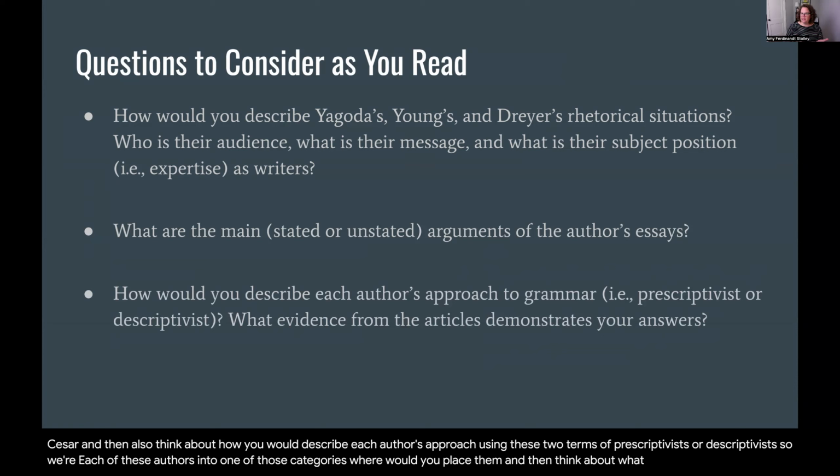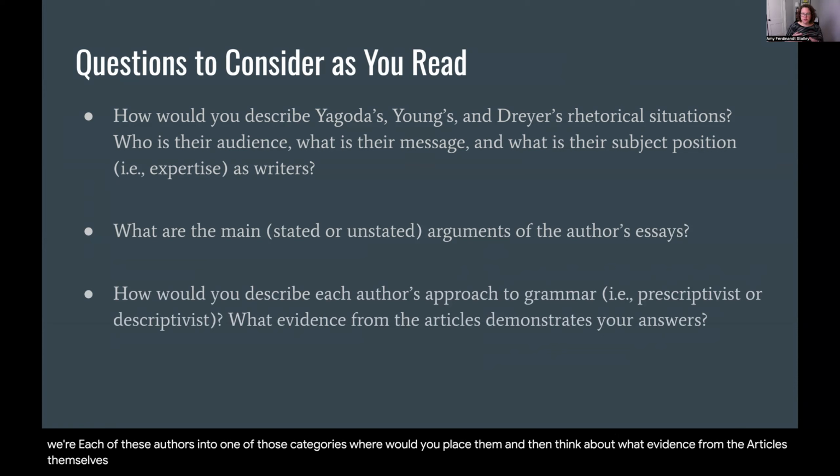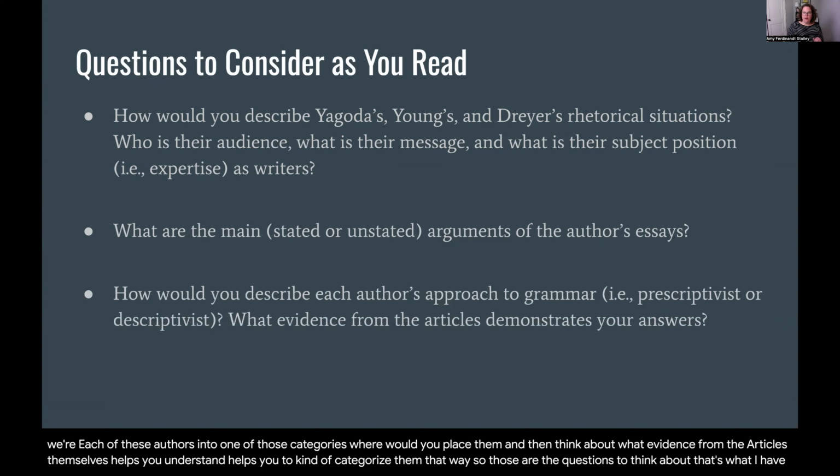And then think about what evidence from the articles themselves helps you categorize them that way. Those are the questions to think about. That's what I have for you today. It's a shorter video for week two, but I'm looking forward to hearing what you think about these three writers and also where you would place yourselves on this continuum of descriptivist or prescriptivist.